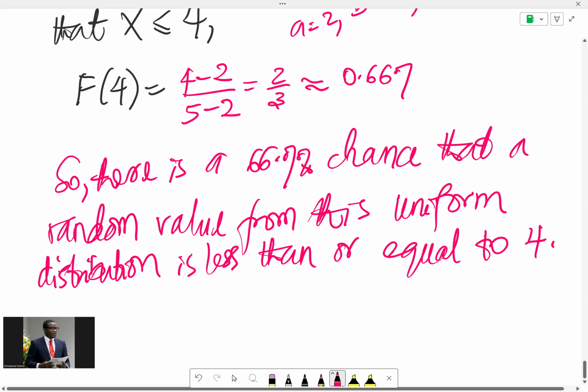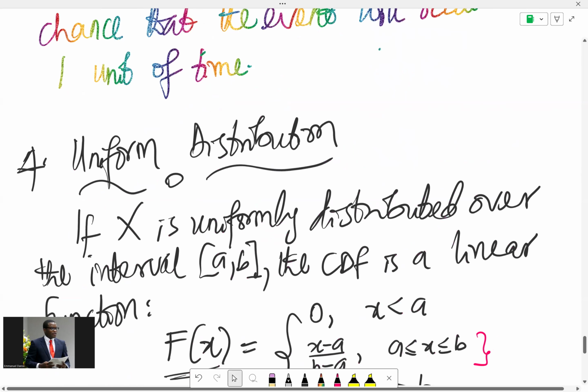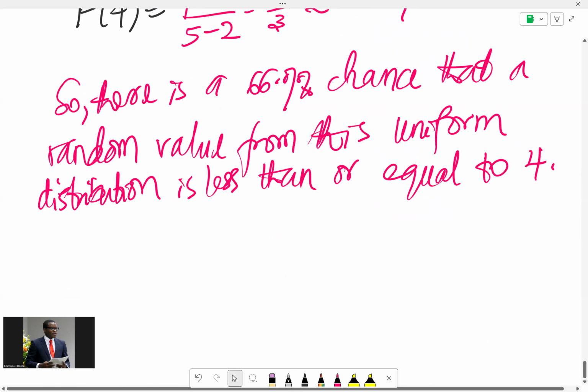Like that. Okay, so those are 4 different examples right there.